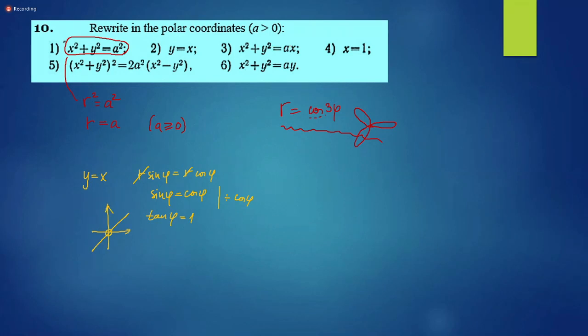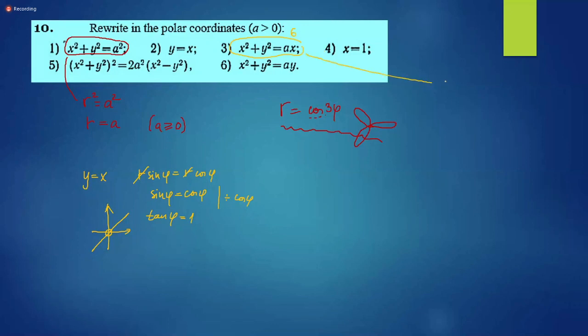x squared plus y squared equals a x. We already had something similar. Remember, we had a was 6, and in order to complete the square, we had to take half of a. So this in principle would be, again, the circle.